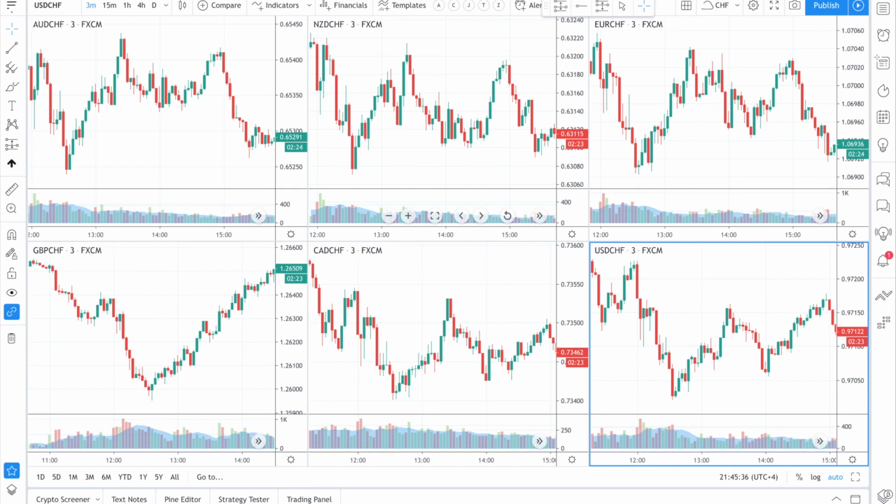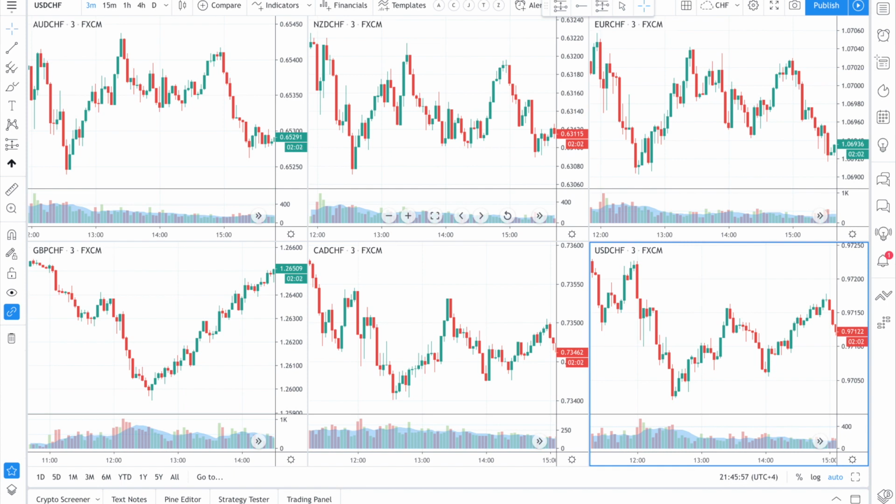So today, I took a trade based on the Swiss franc group, right? Based on all the Swiss franc pairs, I knew Swiss franc was strong. So this whole group that you're seeing in front of you is all Swiss franc: Aussie Swiss, New Zealand Swiss, Euro Swiss, Pound Swiss, CAD Swiss, and USD Swiss.